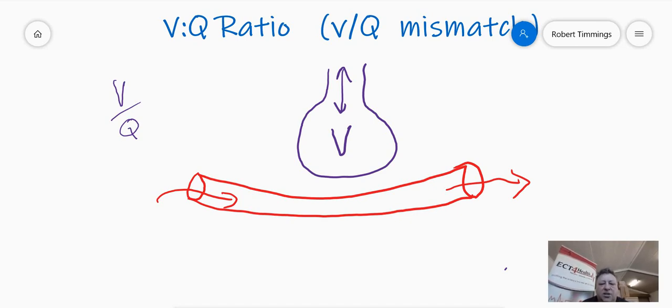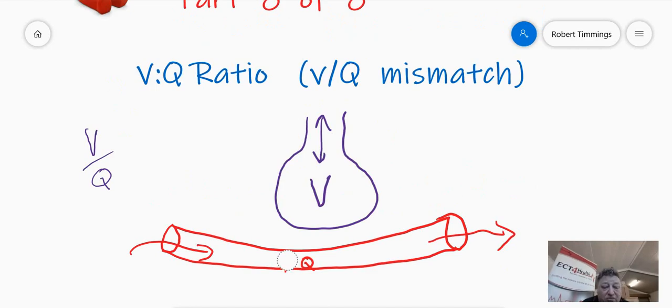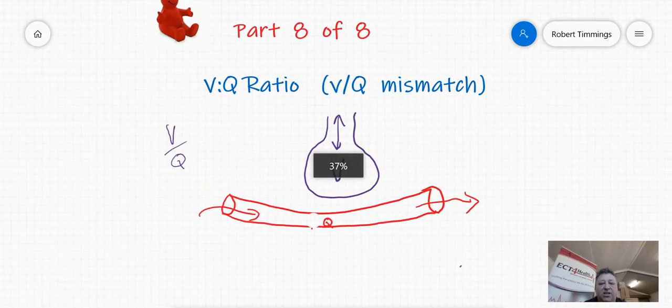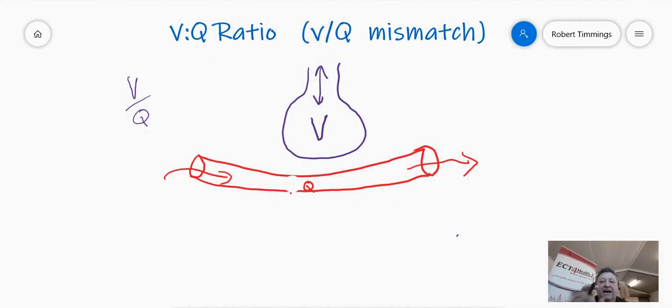Now this is the perfusion quotient. For reasons that I don't understand, the P is not used, which leaves us with just the Q. So now I have a V over a Q ratio.